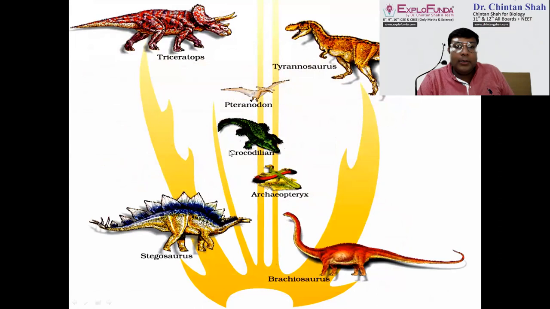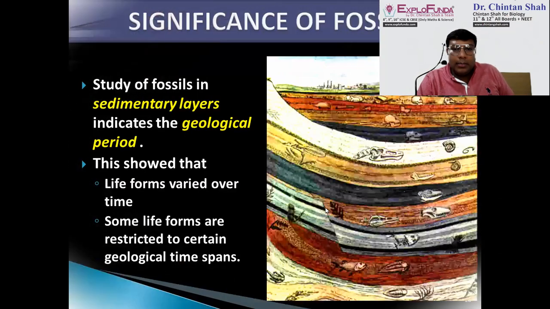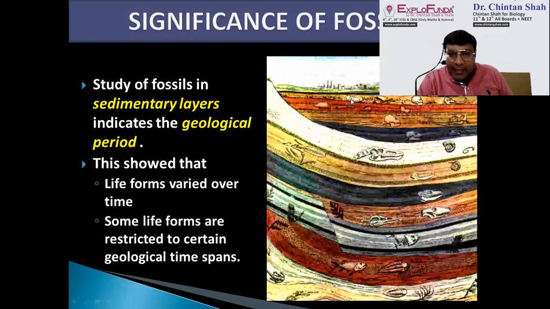Okay, so this is how the evolution has taken place. In different layers, you can find different kinds of organisms. Study of the fossils in the sedimentary layers indicates the geological period: this is one geological period, this is another, and this is another.